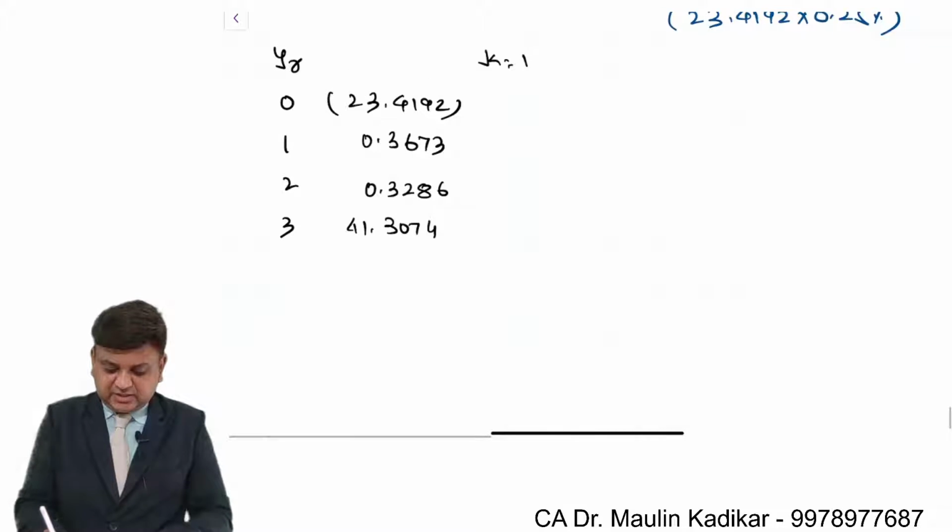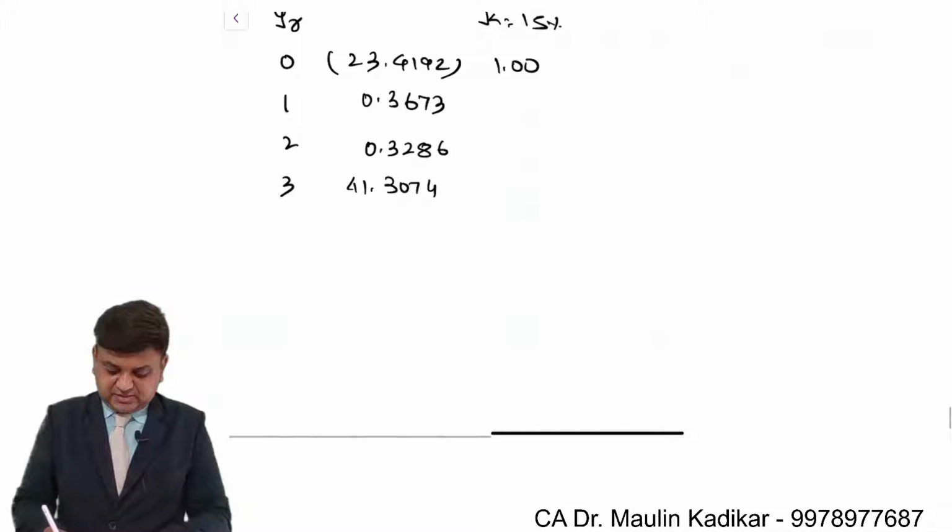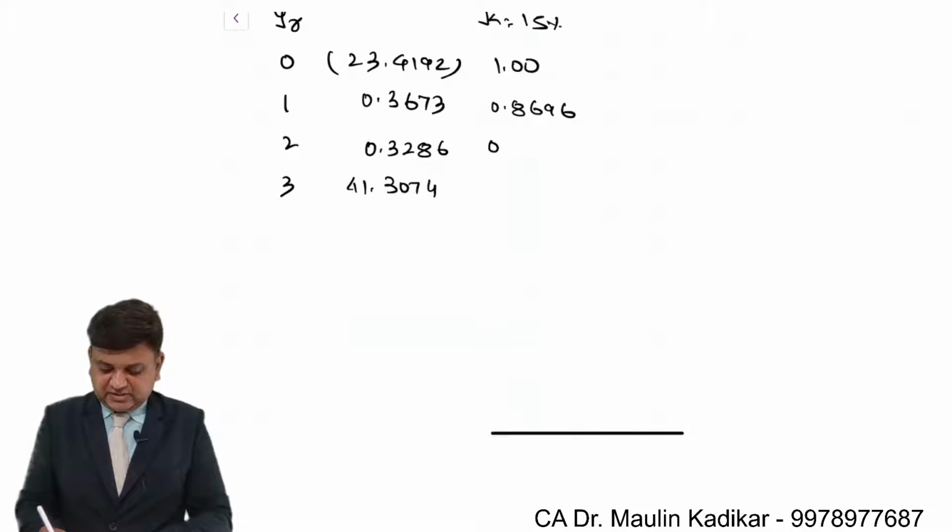Now discounting at the rate of 15%: the factors are 0.8696, 0.7561, 0.6575.